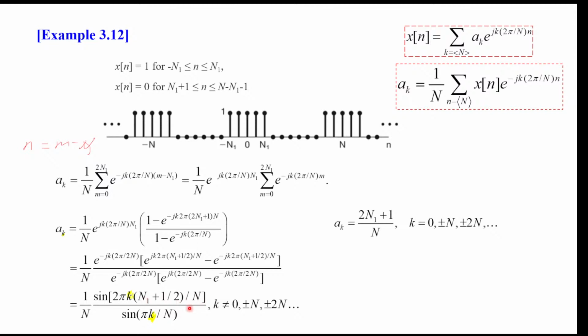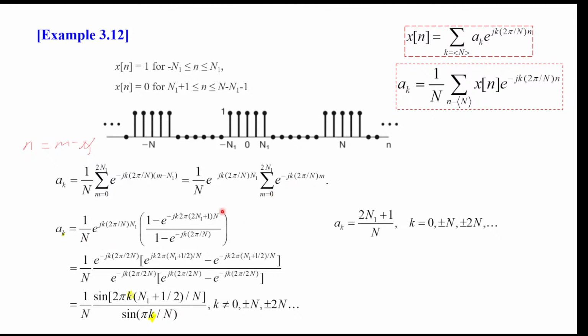The frequency up here is higher, because both of them have this pi over N, but this one is multiplied by an extra 2 times n1 plus 1 half. So it's a faster oscillating sine divided by a slower oscillating sine. And this is for k not equal to 0 or a multiple of N, when the lower sine is not equal to 0.